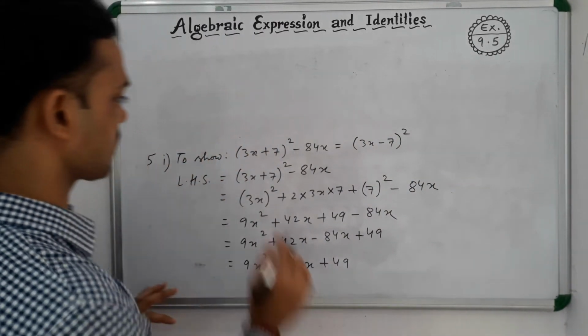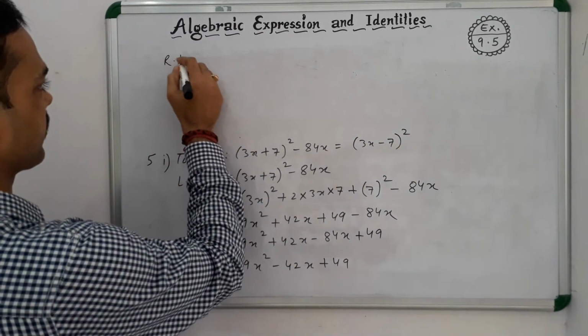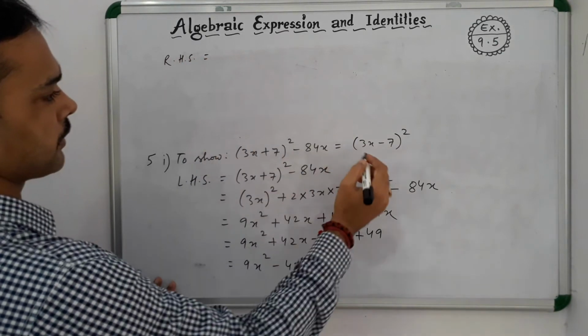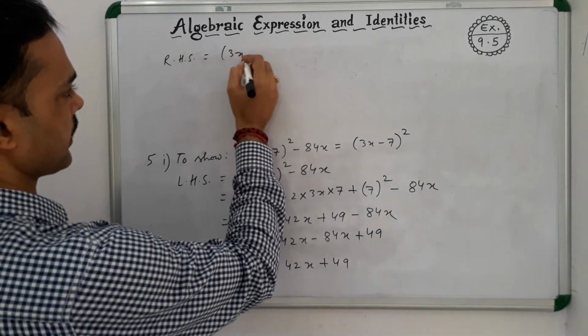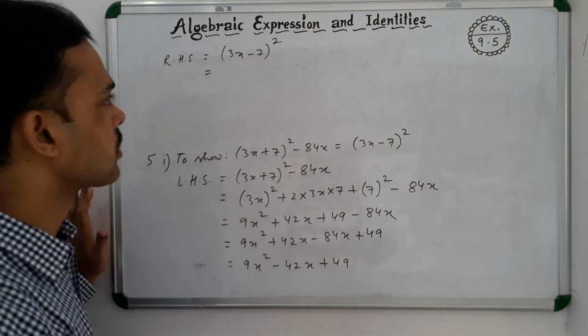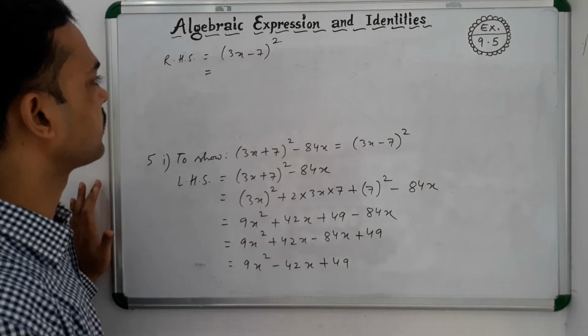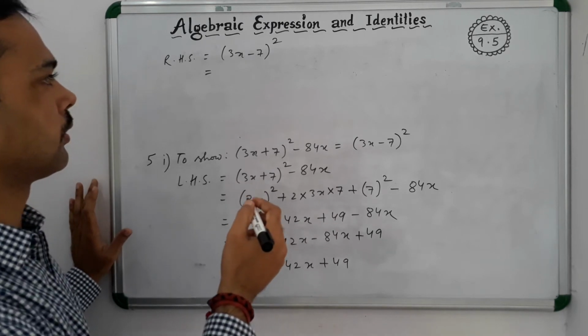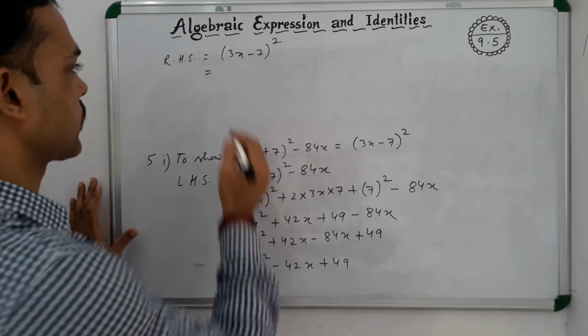In RHS, the expression is this. Okay, so what we will do, we will find out (a minus b) whole square.